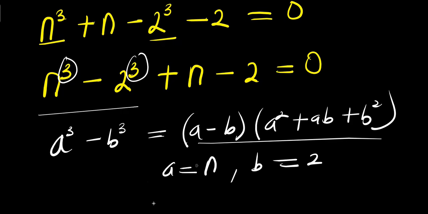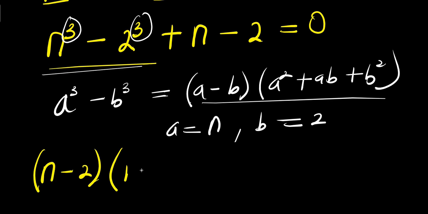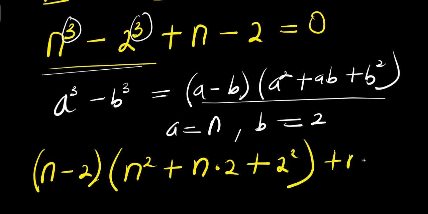So let's make use of this. For this, we have n minus 2 times n squared plus n times 2 plus 2 squared, plus n minus 2 equals 0.